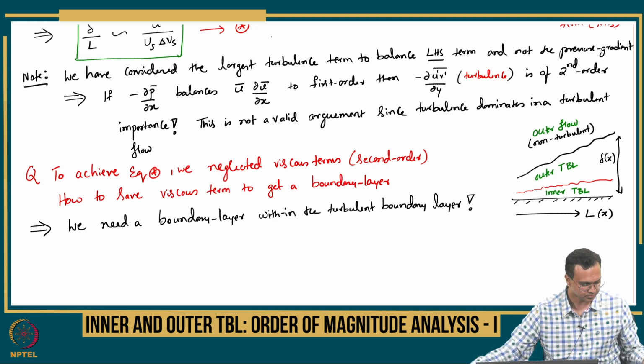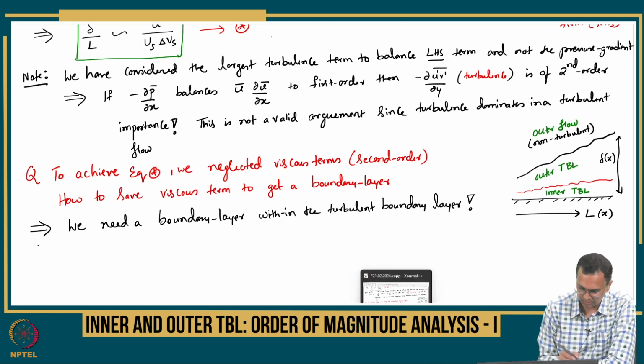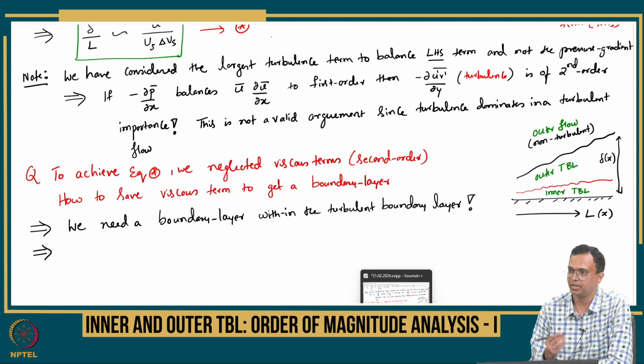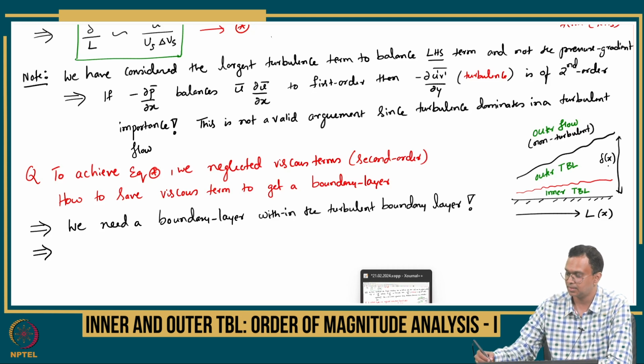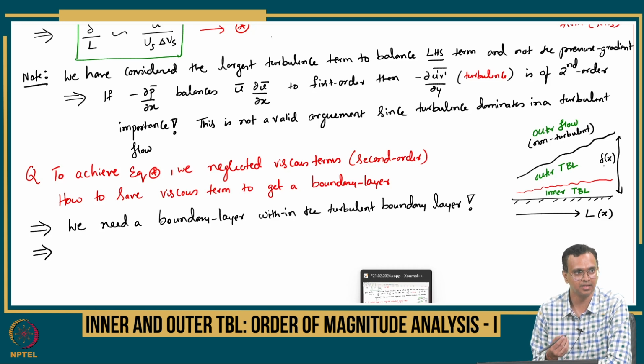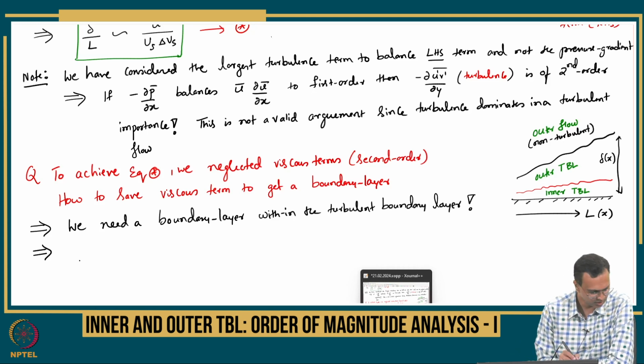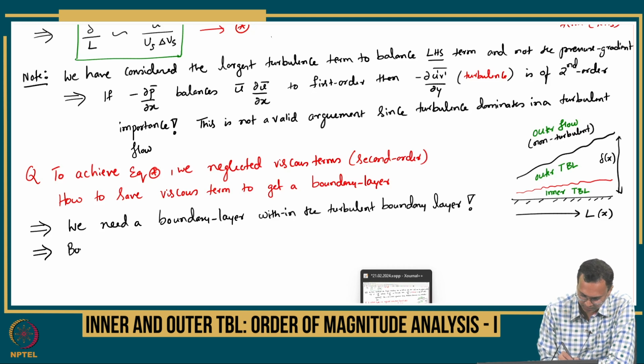Another important note here is that the scale that we have chosen is not yielding the viscous term to be dominant. That means something is not right with the scales that we have chosen. And what is that scale? Not the L, it's the vertical scale, the delta. So the delta was not small enough to tell us that there is actually an inner layer.